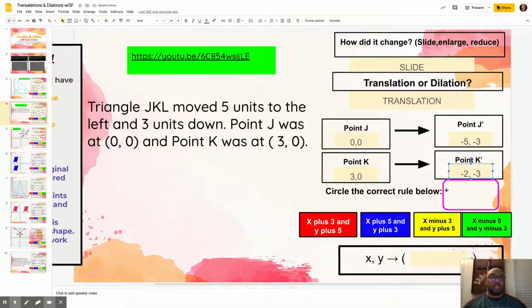So with that being said, what represents that? That would be x minus 5 and y minus 3. Algebraically, x minus 5 and y minus 3. That is how you do this assignment, okay?